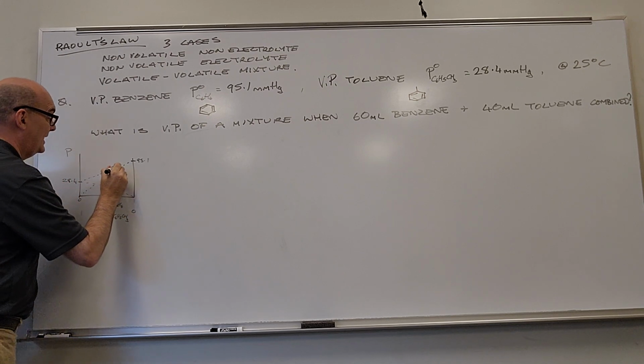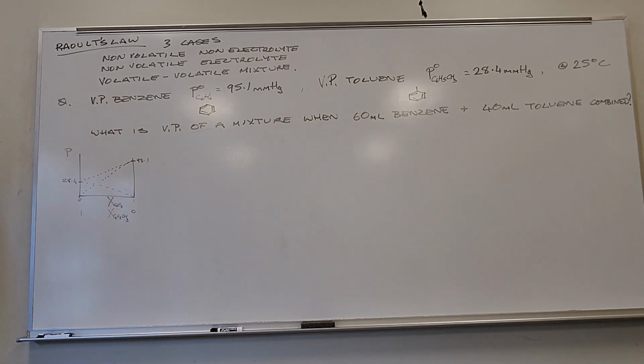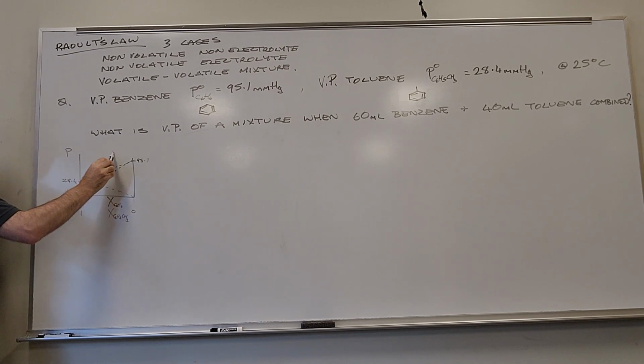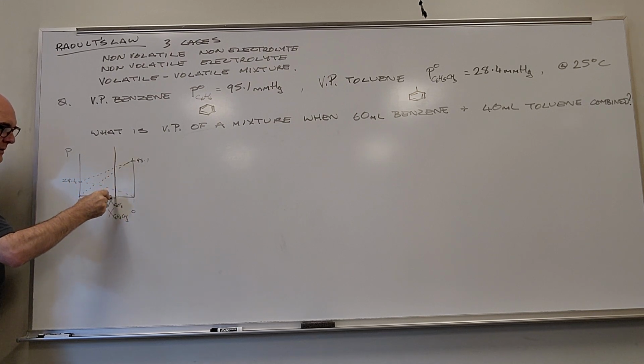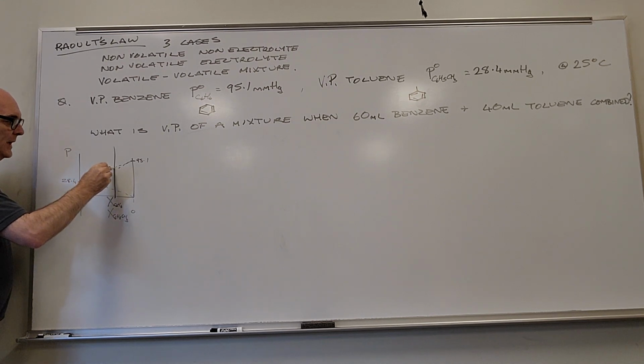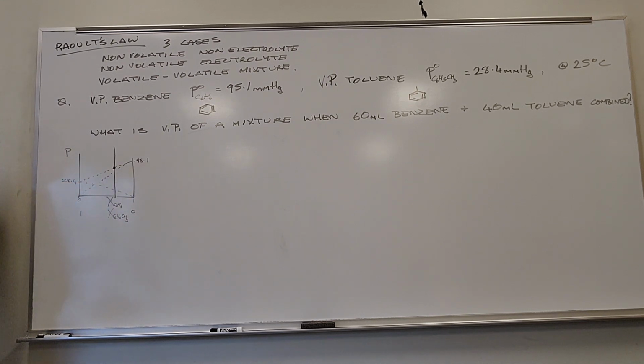So if this is ideal, which one's the biggest amount? There's more benzene than there is toluene. So I should be somewhere here. Should be somewhere there.